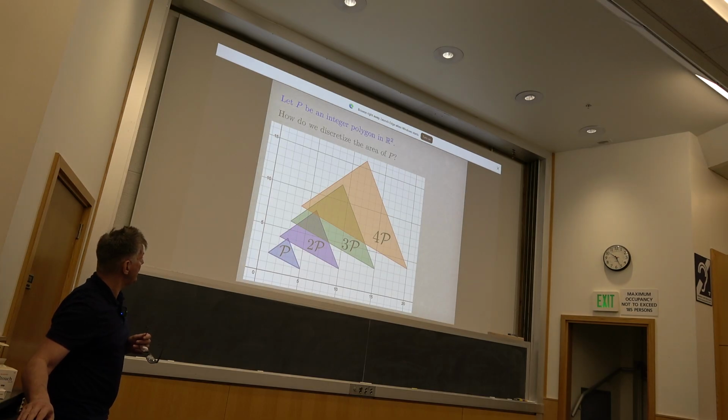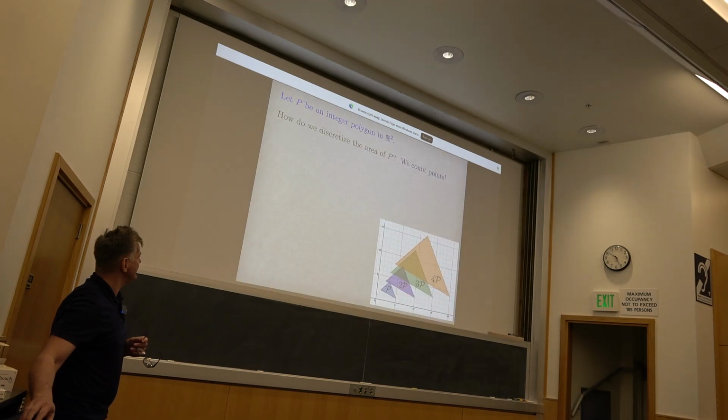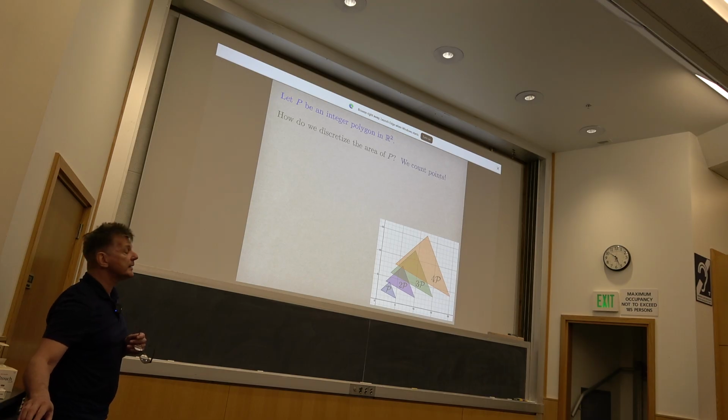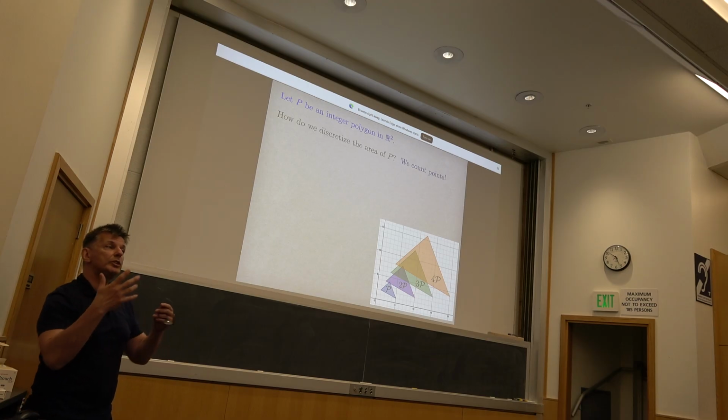In an integer polygon, we dilate and count, and I always seem to be dilating and counting, as Rich would always say. If you dilate and count, in the 60s, Ehrhart discovered that you get some very beautiful structures. And so a motivating question is how do you discretize volume?